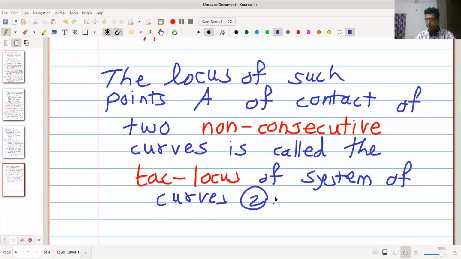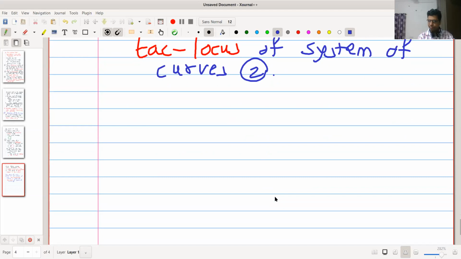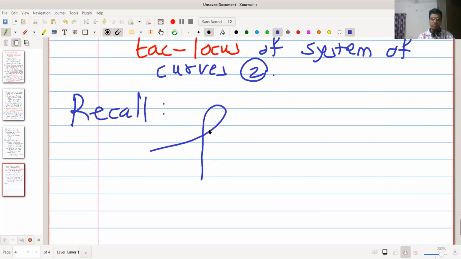Before that we consider another locus, that is nodal locus. Before that, let us see what is meant by node and cusp. So recall, this is a curve, and this point on this curve is called double point.